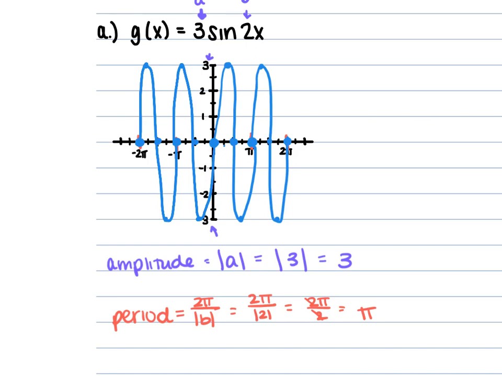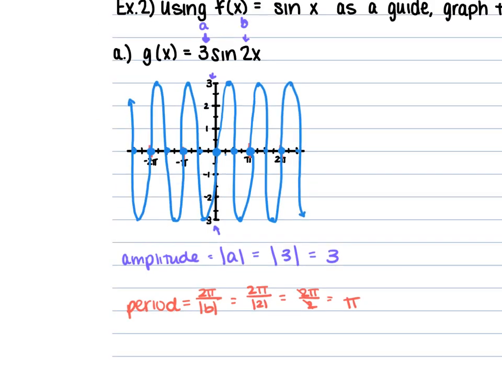And then if you wanted to keep continuing this to go off the graph, you could do so as well. You would just have a point up here and a point here. So you can go up and down. It's going to be a point here and a point here. So go down and up. And then you're done.